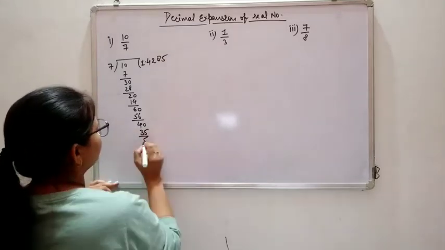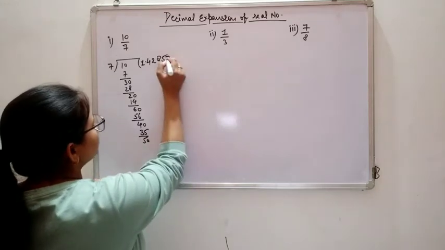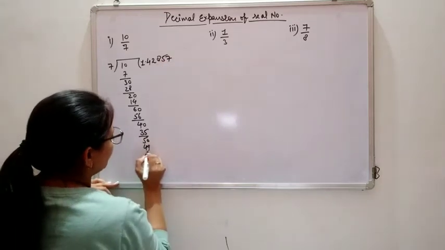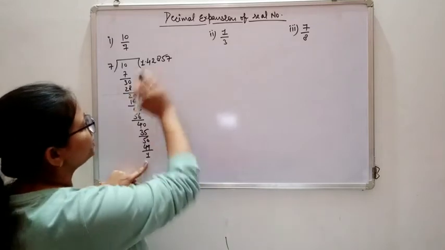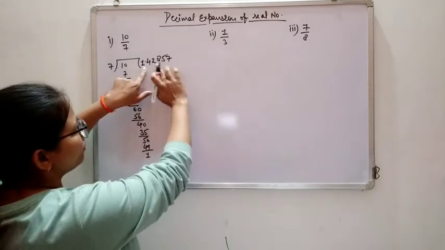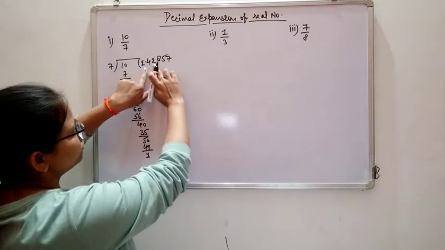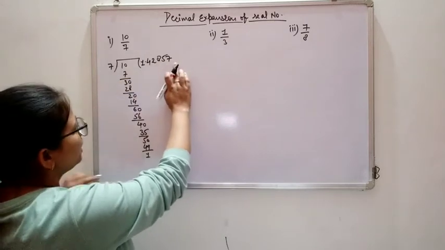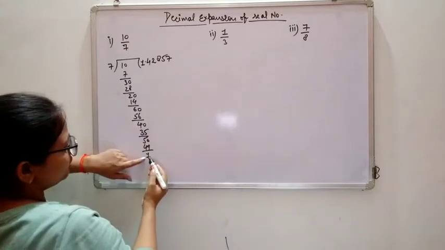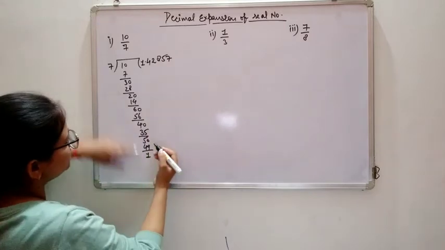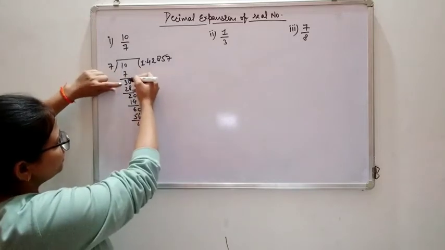And now 7. Remainder will be 1. Now let's stop this process here because it will start repeating after this. It is 1.42857. After that it will start again like 142857, because here the remainder is 1 and the process will start again like 10, 7, 30, right?